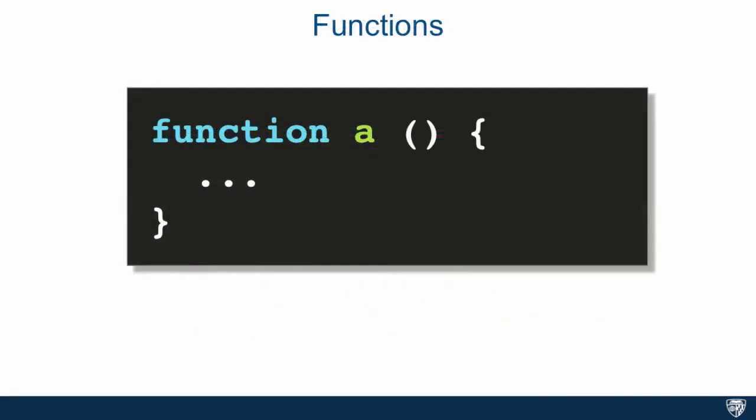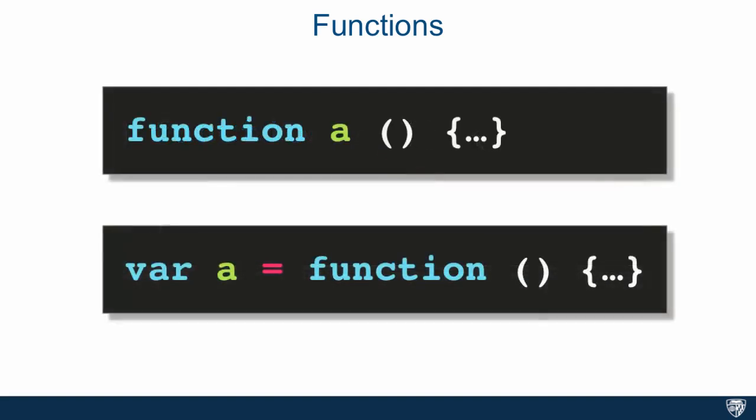Now, the way you define a function is by using the keyword function followed by the function name, followed by parentheses and then curly braces. In JavaScript, when you define a function name, it's very similar to defining a variable whose value is a function. So, for example, you could define a function in JavaScript by either using the keyword function followed by the function name, or you could create a variable and set it equal to a function.